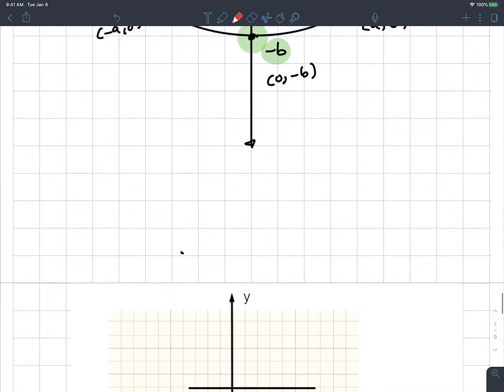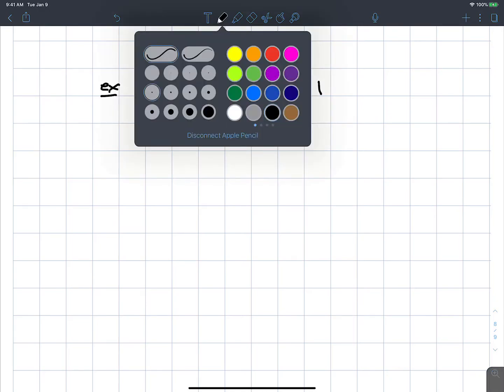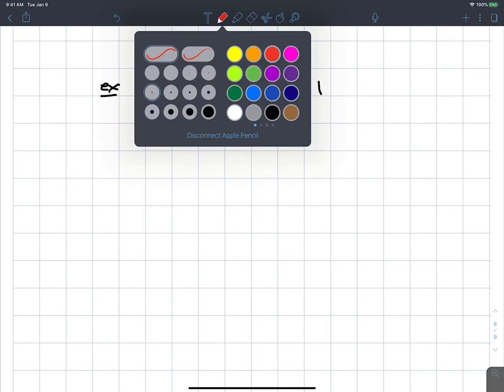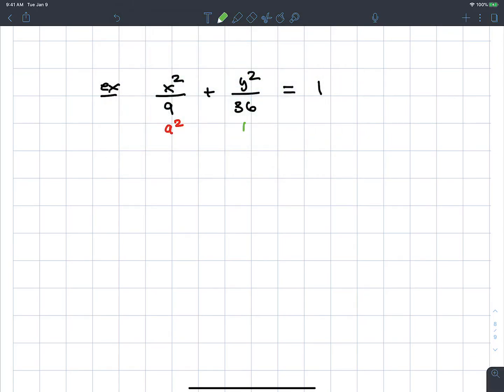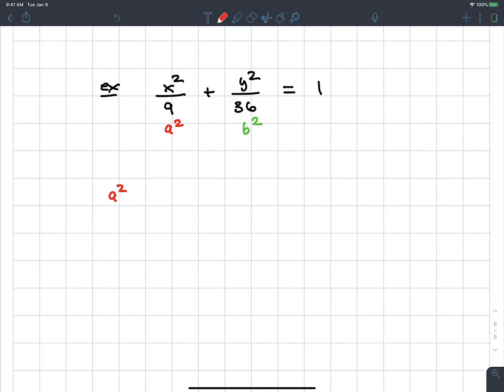So, ladies and gentlemen, in this example, the first step, and maybe I'll do it this way. This is my a squared in red on the x-axis, and this is my b squared in green on the y-axis. So the first step is to solve for a and b, meaning a squared is 9, which means a will be plus or minus the square root of 9, which is a is plus or minus 3.